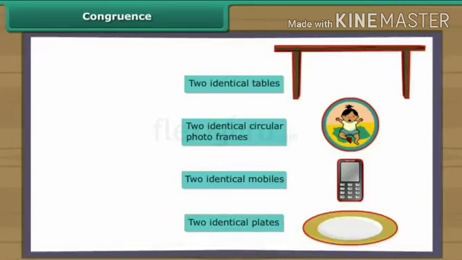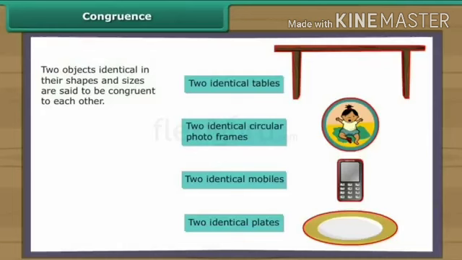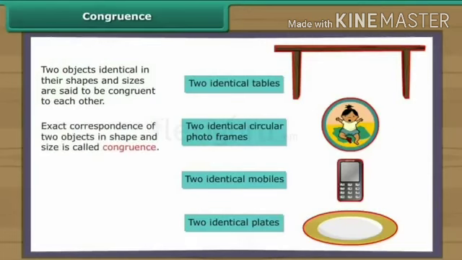What do we observe? The outline at the bottom is invisible and it merges with the outline on the top exactly. Two objects identical in their shapes and size are said to be congruent to each other. Exact correspondence of two objects in shape and size is called congruence. This is the symbol of congruence.